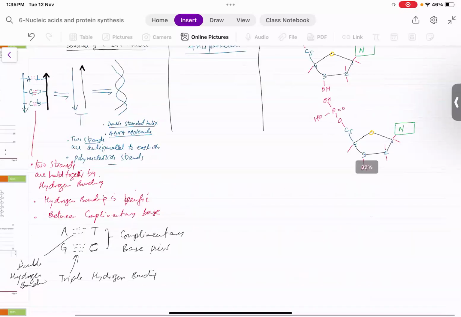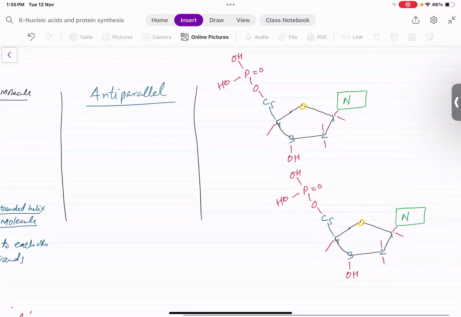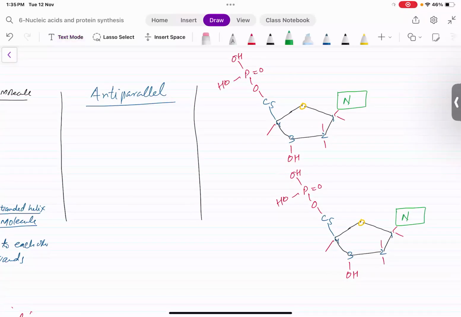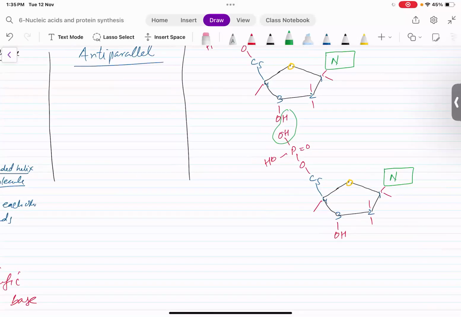Okay, look at this. If the bonding has to take place in between them, the condensation will take place in between these two molecules here. A hydroxyl group from one and hydrogen from the other will be removed, and a bond will be formed in between these two.